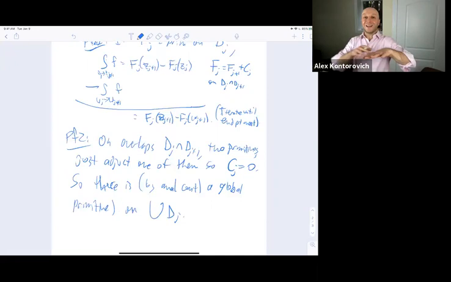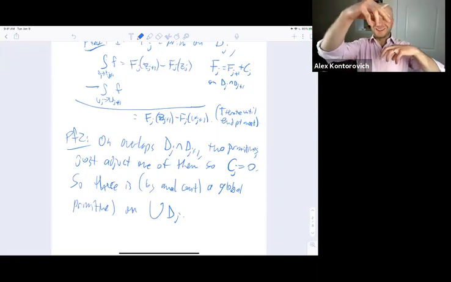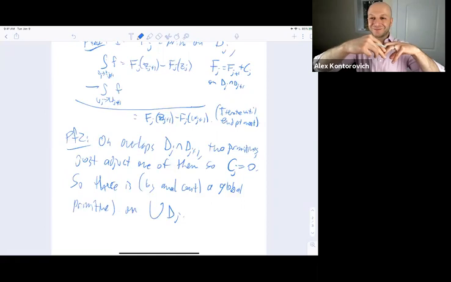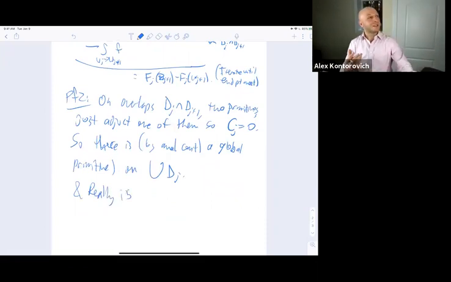Okay, and there really is, but only if you don't allow the first disk and the last disk to overlap. What I'm trying to say is, I think this is actually how Riemann discovered the theory of Riemann surfaces.